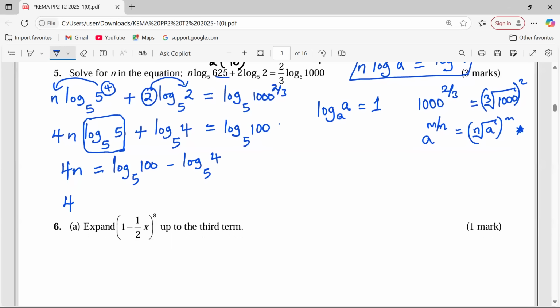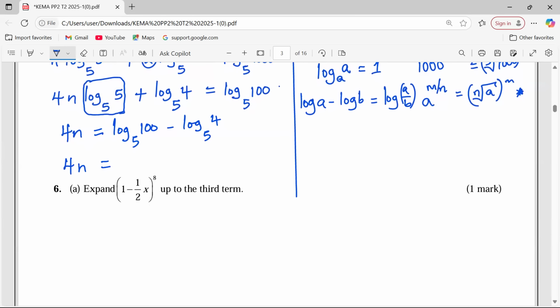So 4n equals, on our right-hand side, we can apply the second law of logarithms. I'll be listing all the laws. The second law of logarithm says that when we are having the log of a minus the log of b, this can simply be solved by log a divided by b, as long as the bases are the same.